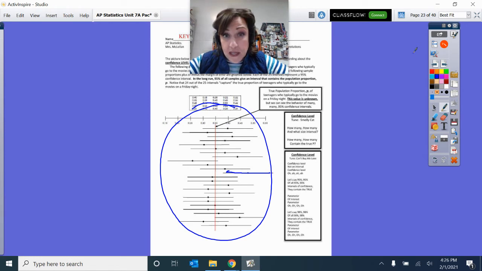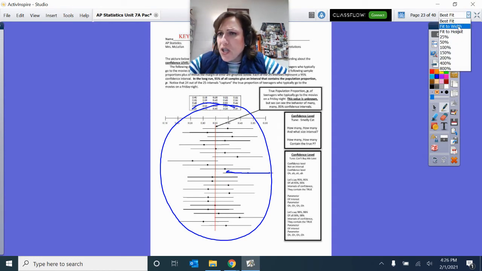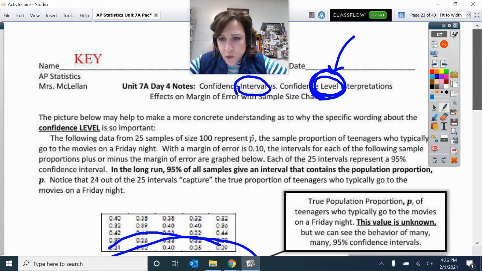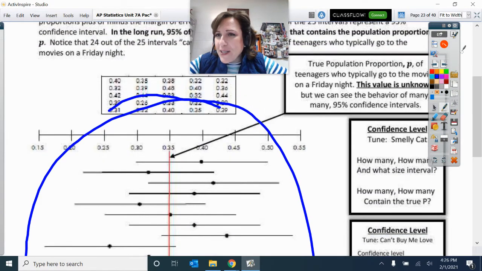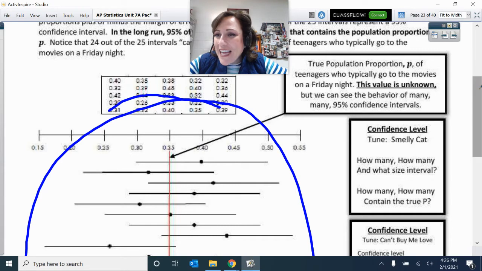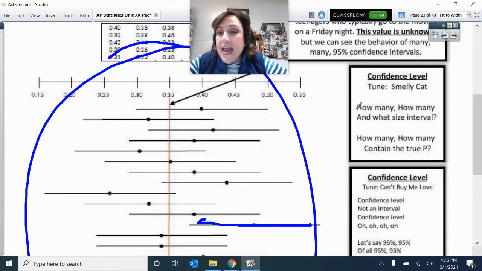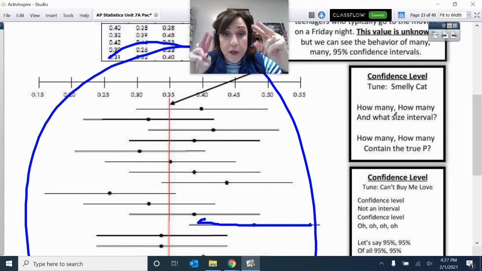So a couple little songs, which I'm not even really going to play for you. Smelly Cat has been a favorite one. So smelly cat, how many, and what size interval? How many? About 95%. And what size of the 95% confidence intervals? Those have to go together.